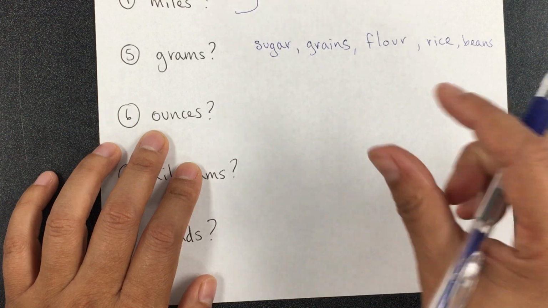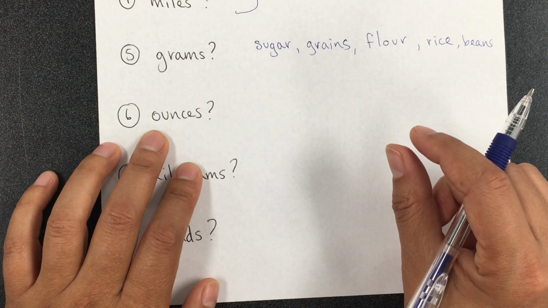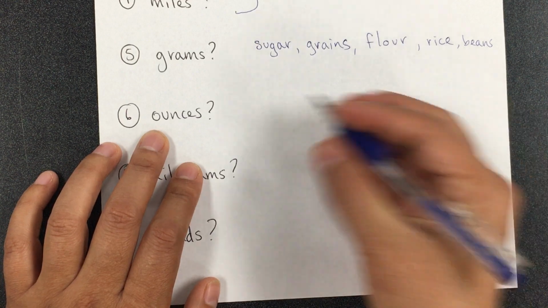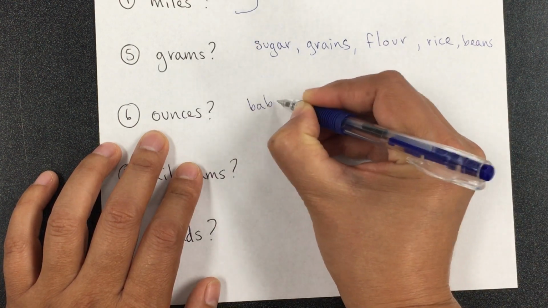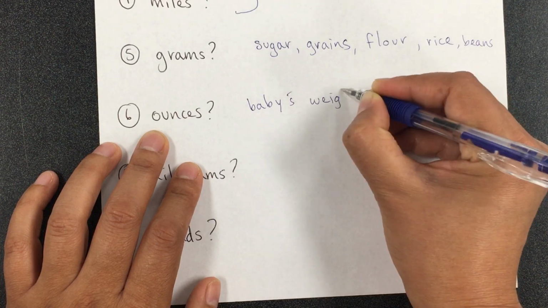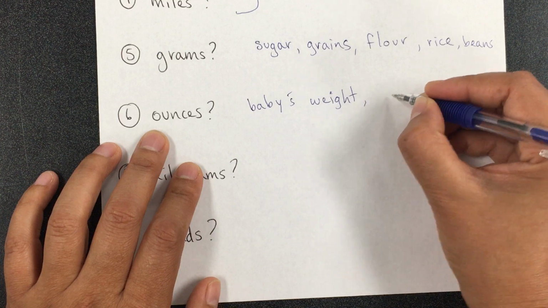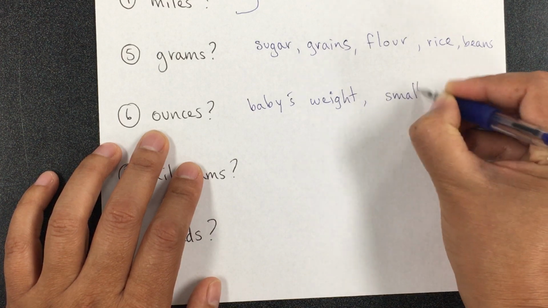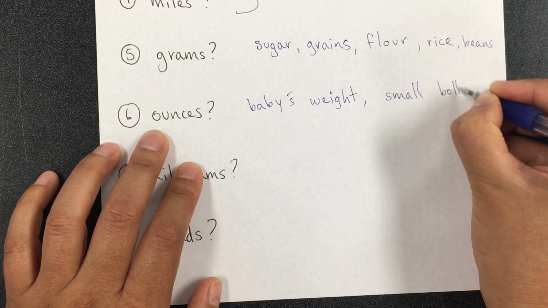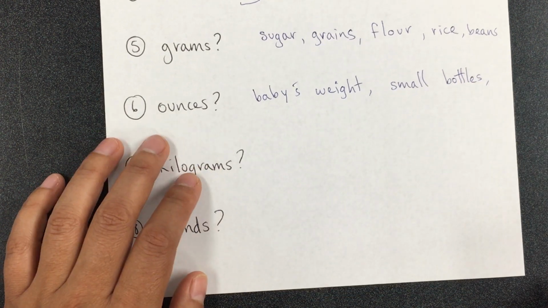Ounces, it's a smaller unit of weight, and sometimes it's even in liquid. So baby's weight, they have pounds and ounces, right? Small bottles also, it can be for formula or for other measurements.